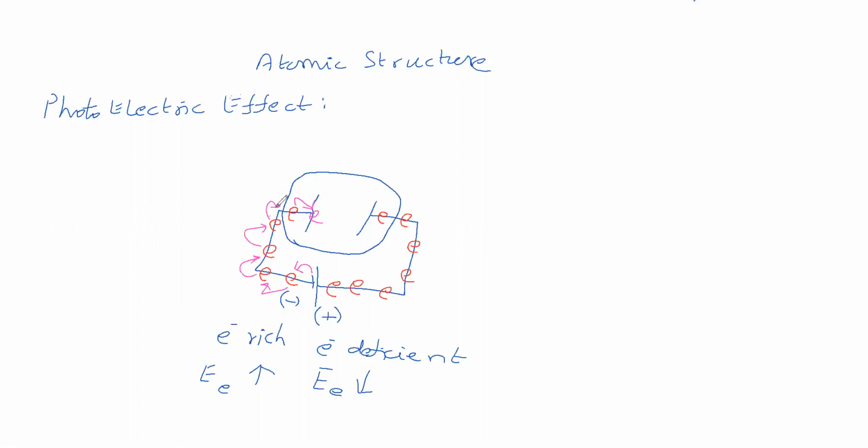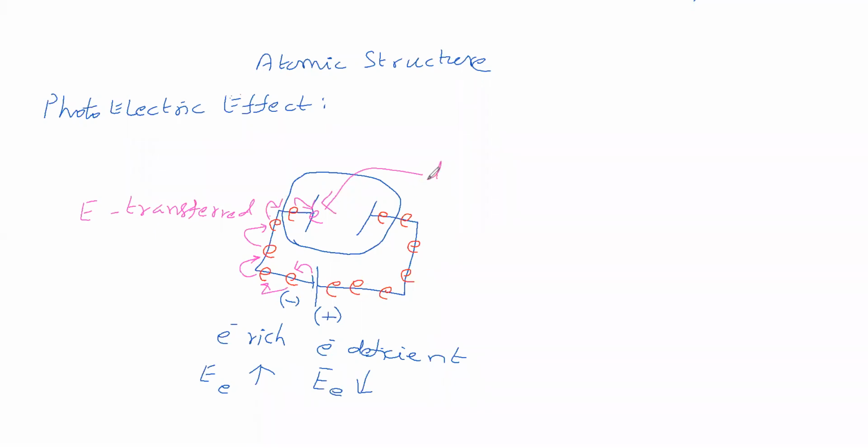Like this, one thing will happen. What is another thing? We will see. Due to this energy transfer, the electron is in a higher energy position.